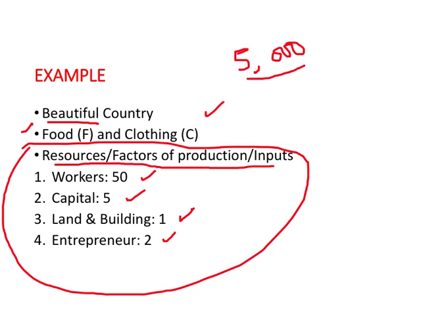The only limit is that, given the resources and the technology, the max amount it can produce will be 5,000 units.